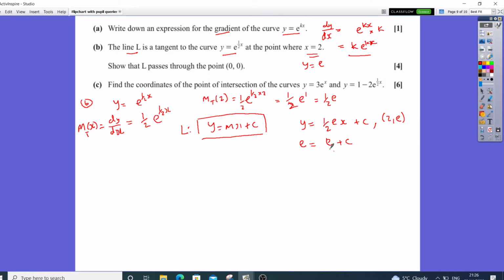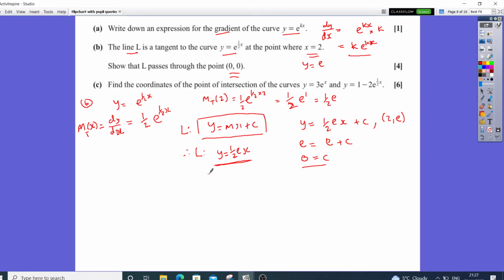Now if I take e away from e, that equals 0, so c equals 0, hence it will go through the origin. So the equation of the line L is y equals a half ex, that is it.